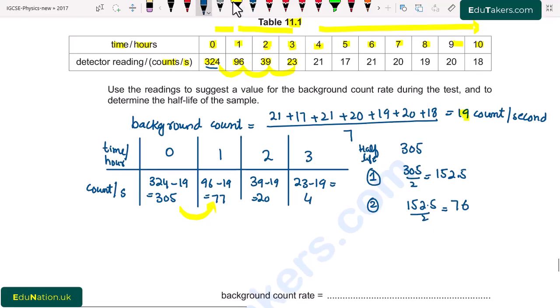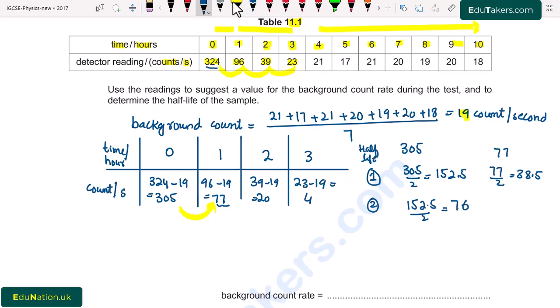So I again consider 76 or 77, that is here. So when the first half-life passes, half of this value decays and it will be 77 divided by 2, that is equal to 38.5.